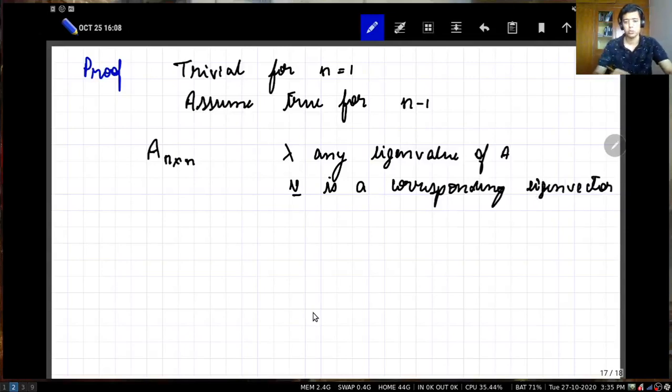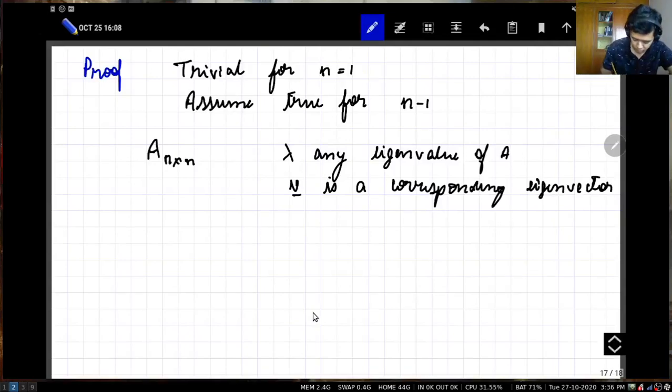So v is a non-zero vector such that A times v equals lambda times v. We can extend this eigenvector into a basis for Rn, out of which only the first vector is the eigenvector. I don't really care what the other vectors are.